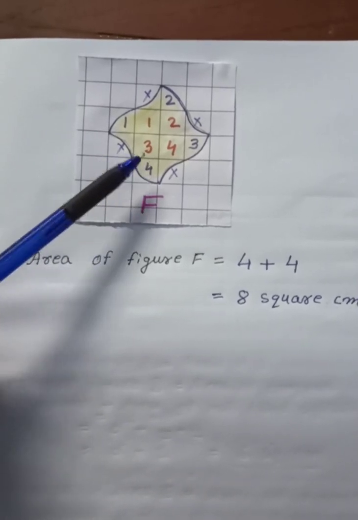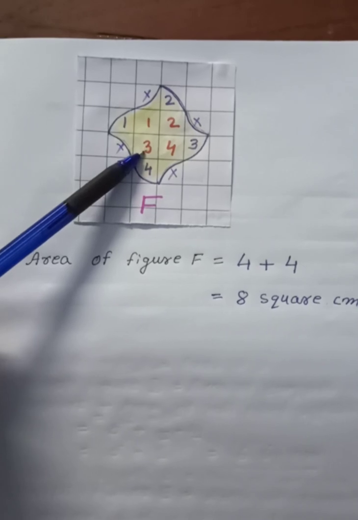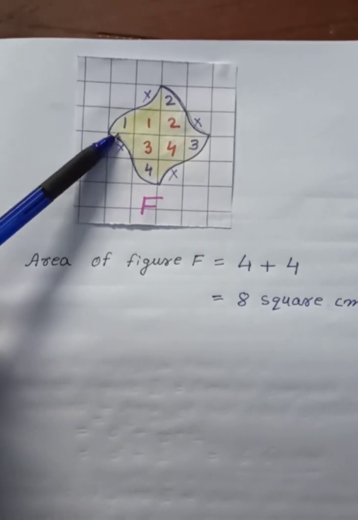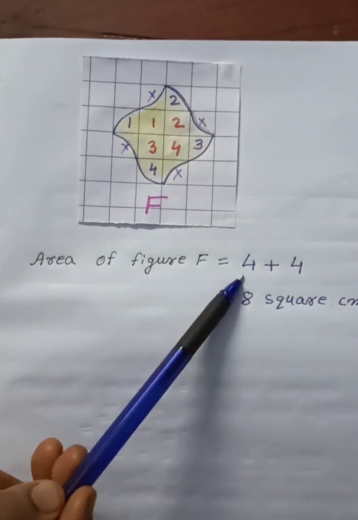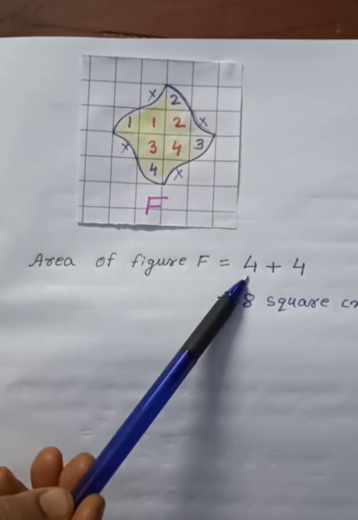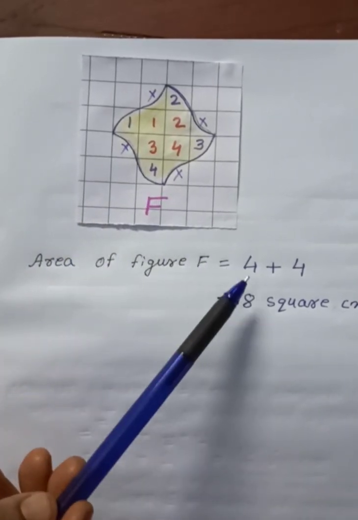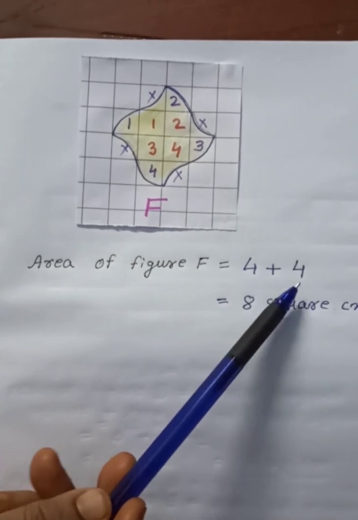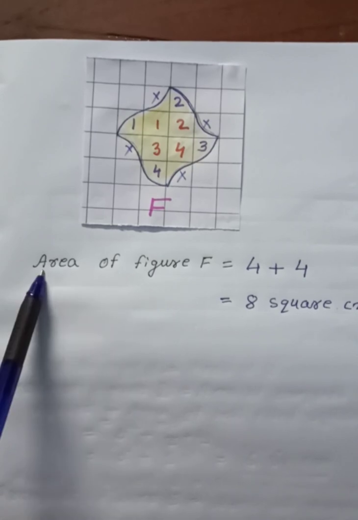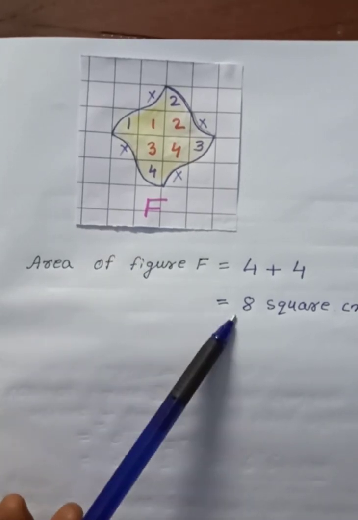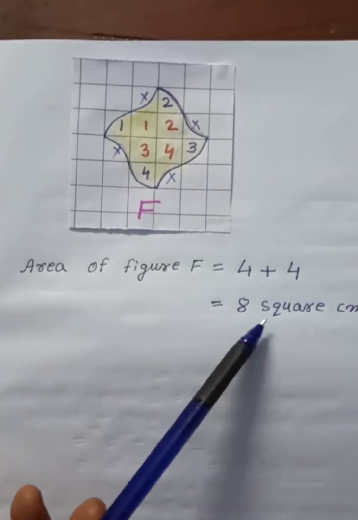Okay. So in this figure only complete square and more than half filled squares are here. So here complete square is 4 and more than half filled square is also 4. So 4 plus 4 is 8. So our answer is area of figure F is 8 square centimeter.